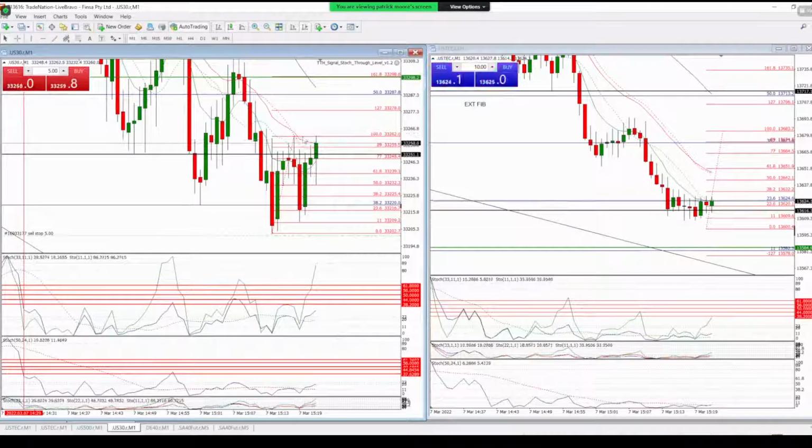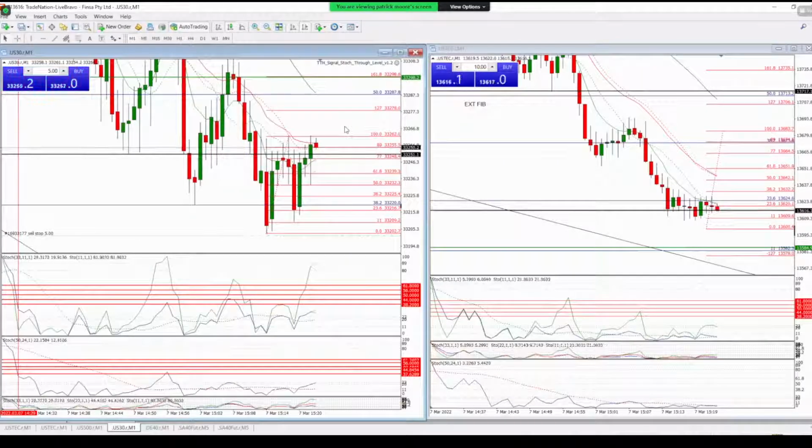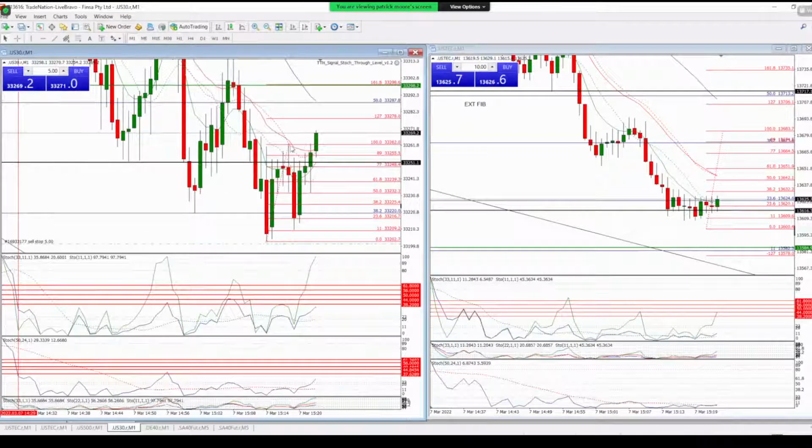Little double top there, or possibility of little double top. Range needs to go. I'm watching for stochastic up through 50 still.